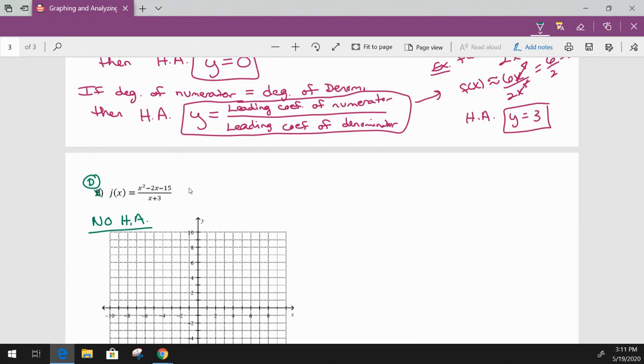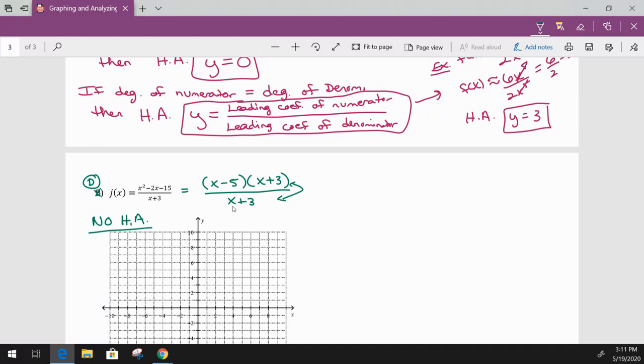I was thinking it was going to be the same as the last one, but it's not, because when we factor it, you're going to see that the numerator factors into x minus 5, x plus 3, over x plus 3. So we have a common factor in the numerator and the denominator.